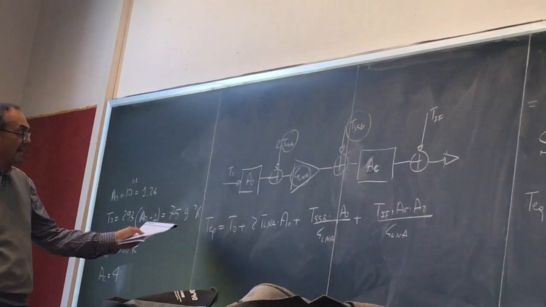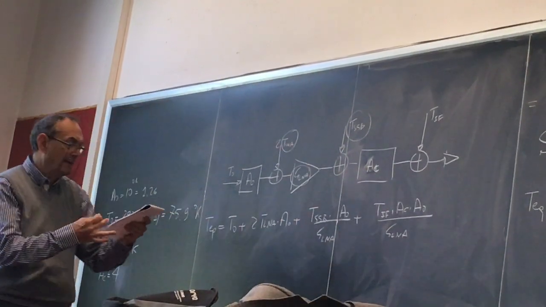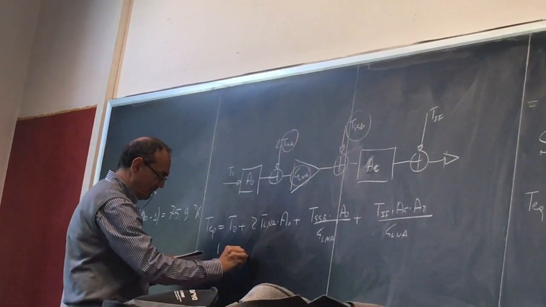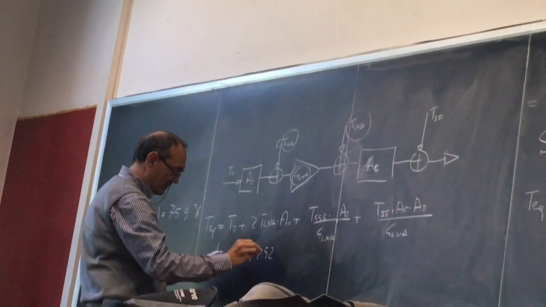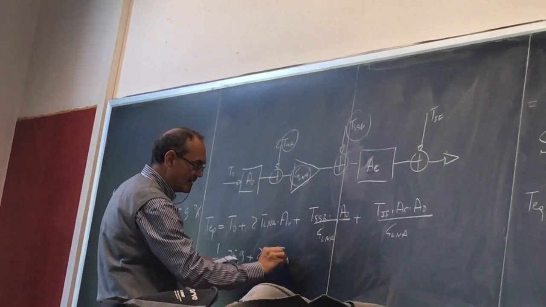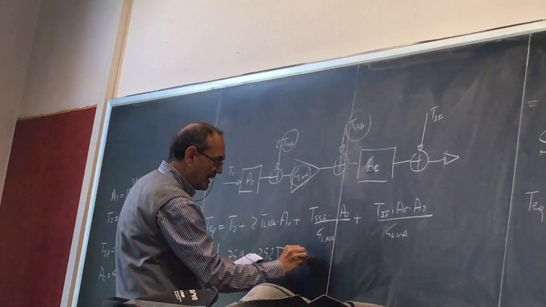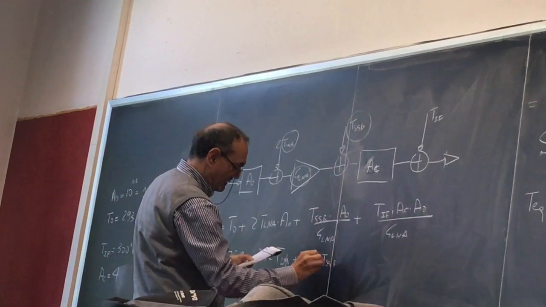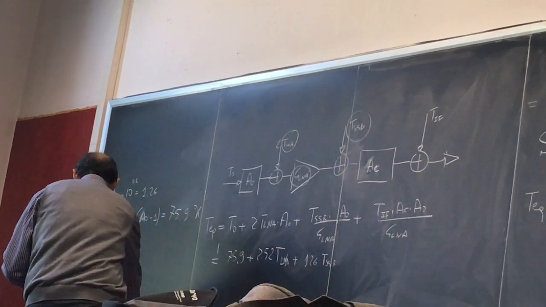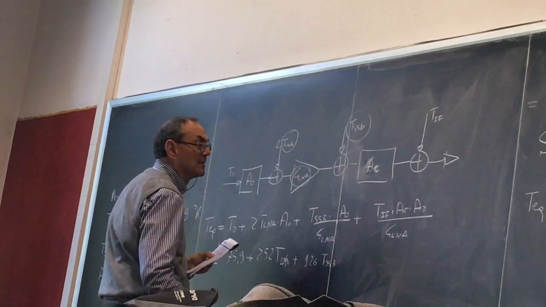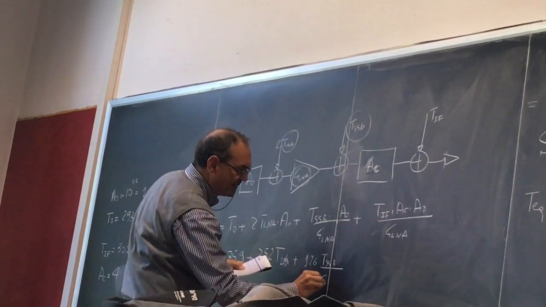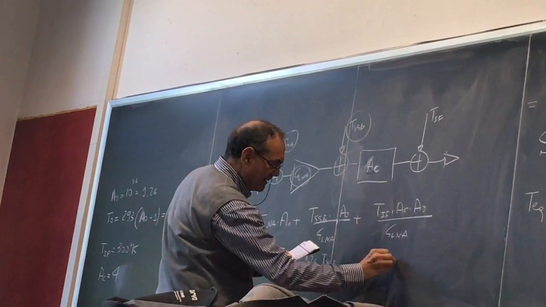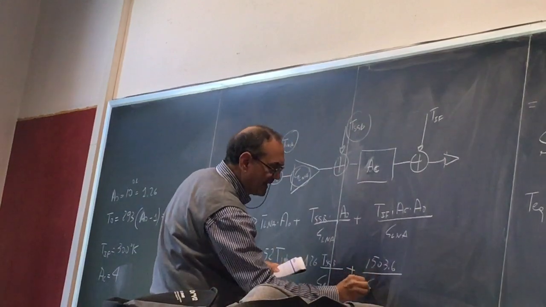Well, at this point we can replace all we know here, and we get the following expression: 75.9 plus 2.52 TLNA plus 1.26 TSSB divided by TLNA plus, divided by GLNA.